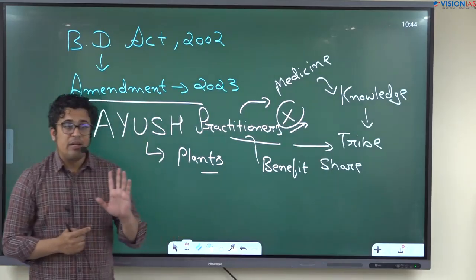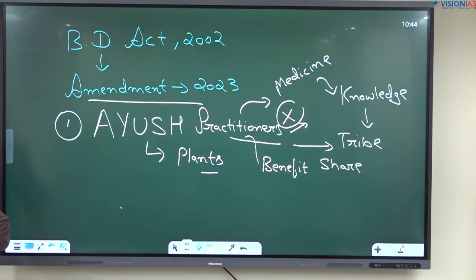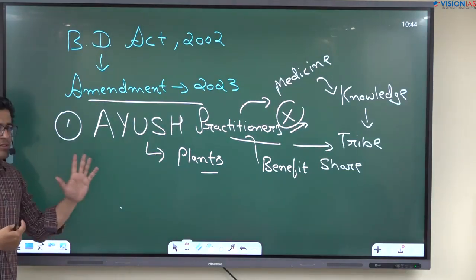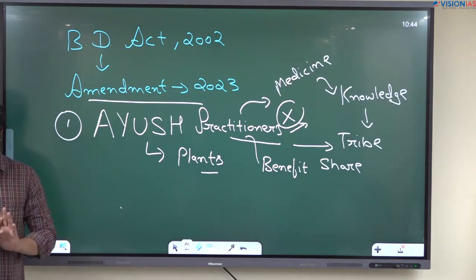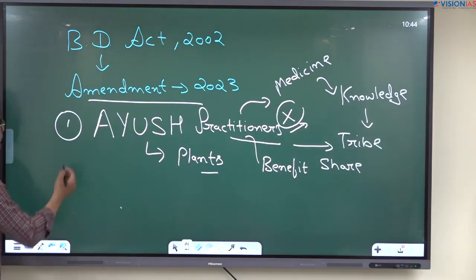So what will it lead to? It will lead to exploitation of knowledge. So when this amendment came, lots of debate happened, but nothing changed. Government did this amendment. So this is a controversial thing. Ideally it should not have happened, but it has happened. So they have made a loophole in the act, in this amendment.